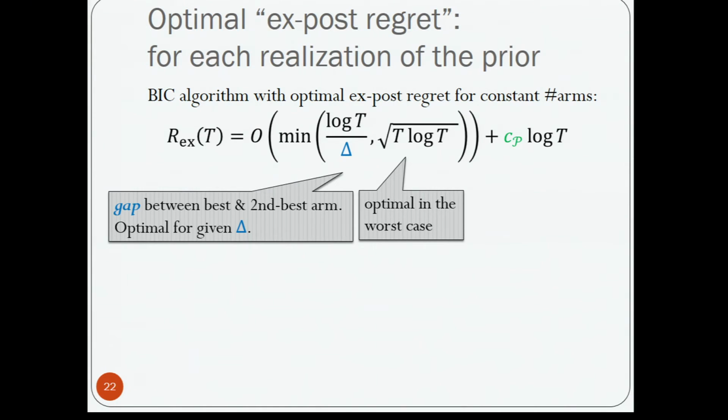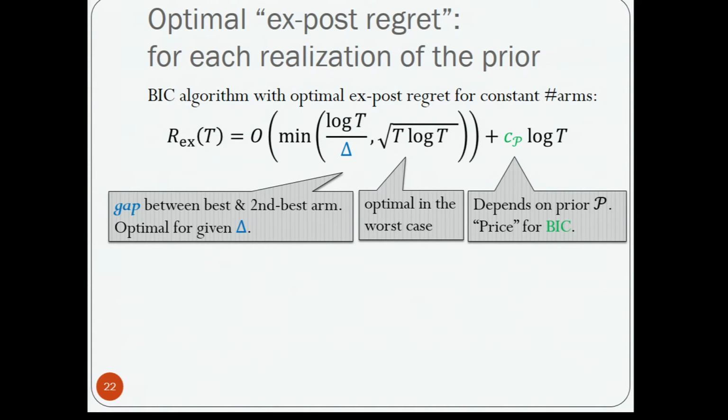Up to a constant factor, it's the optimal regret both in the instance-dependent sense and in the worst case. But we have this log T term with a constant that depends on the prior, and it could get arbitrarily large depending on the prior. So one way to think about it is that it is the price that we pay for incentive compatibility.